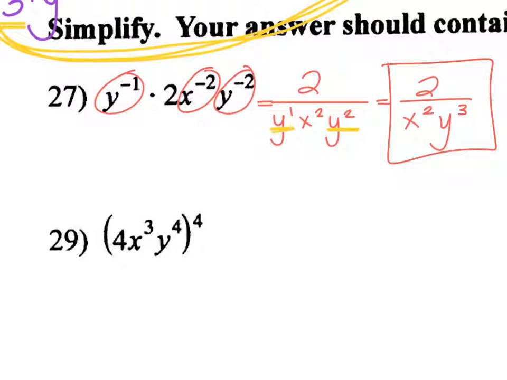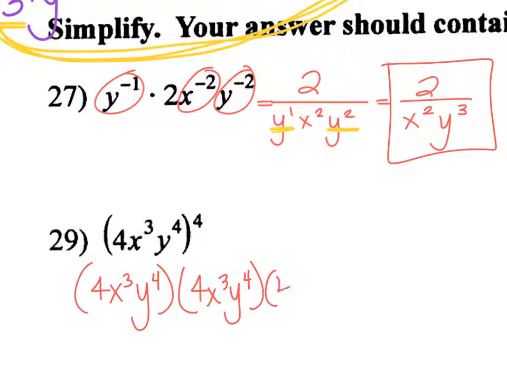All right, 29 is parentheses to the 4th power. That means I've got 4 parentheses with all of that in it. So that means I'm going to have 4x to the 3rd, y to the 4th. And then now we're just counting up.